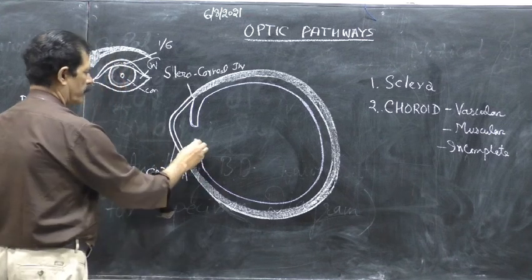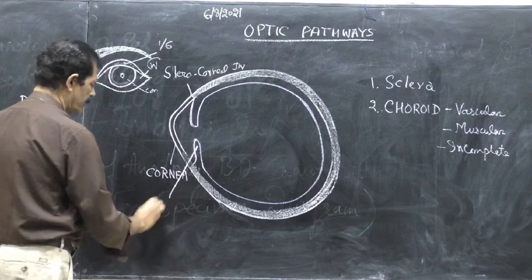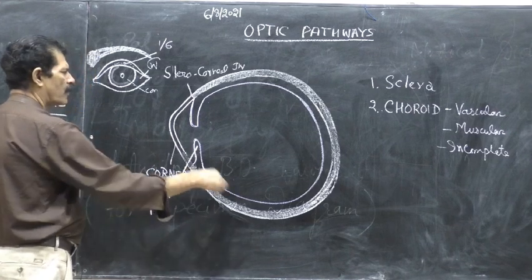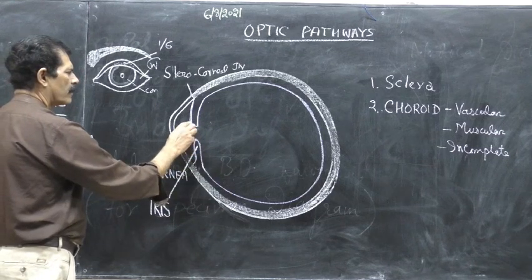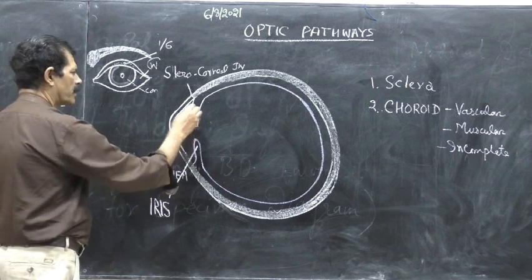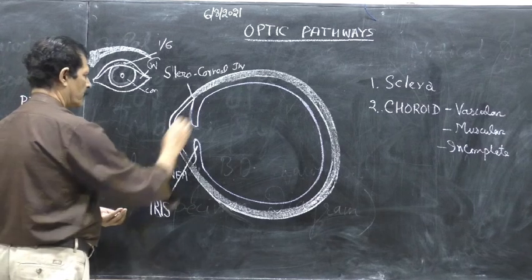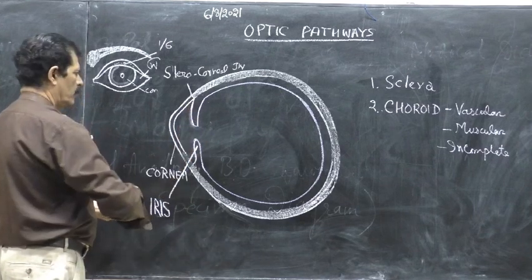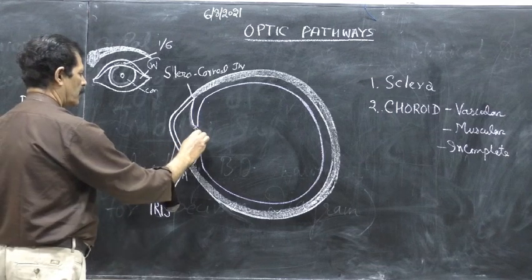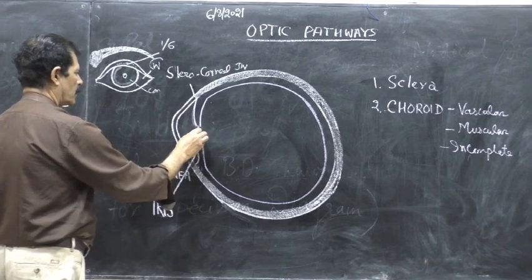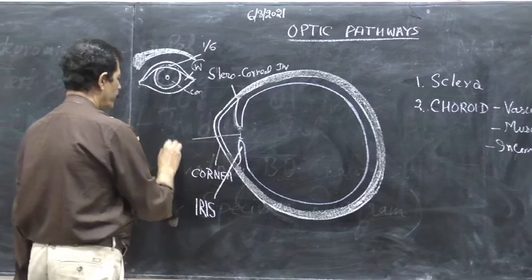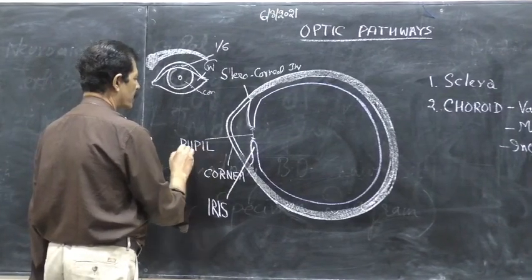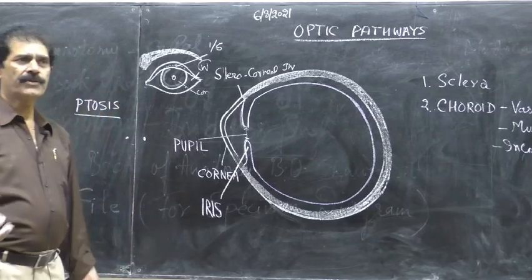And this portion is called the iris. So the iris is the part of the choroid which makes it incomplete, and the gap between the two is called the pupil, which dilates and constricts according to day and night.